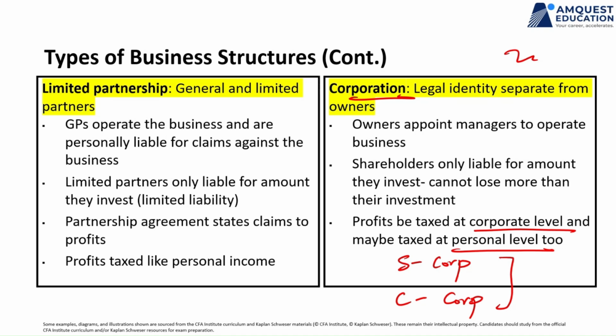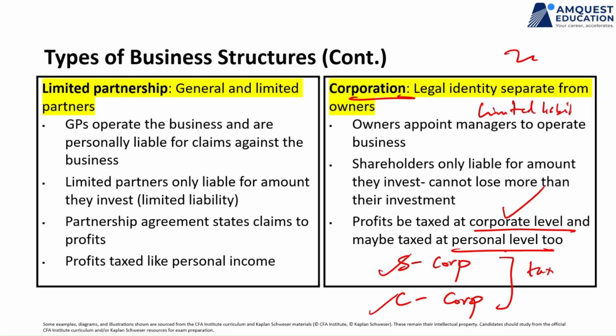So even after becoming a corporation, there is a possibility you are looking at personal level taxation, like in S corp. The difference between the two is only taxation, right? However, the most important thing is they will still have limited liability, right?